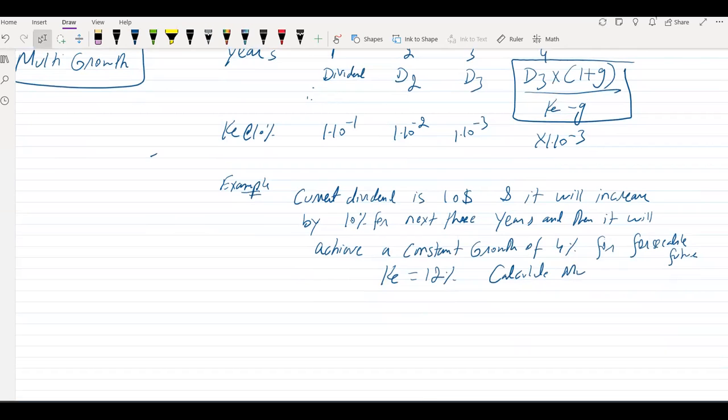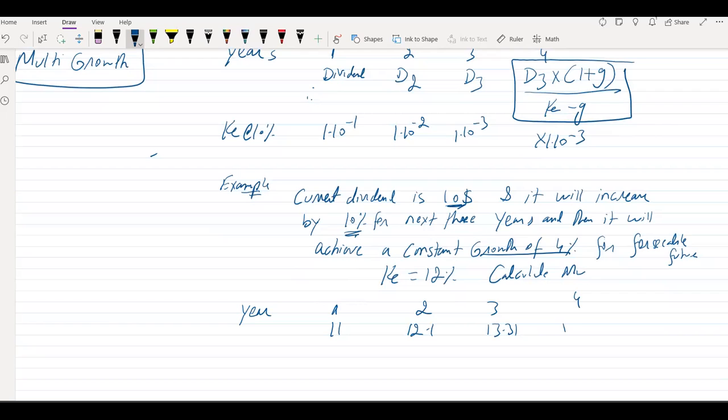So what you will do? You will calculate the dividend of next 3 years. $10 is the current dividend. It will increase by 10% for every next 3 years: 11, 12.1, 13.31. And from year 4 onwards, it will achieve a constant growth.